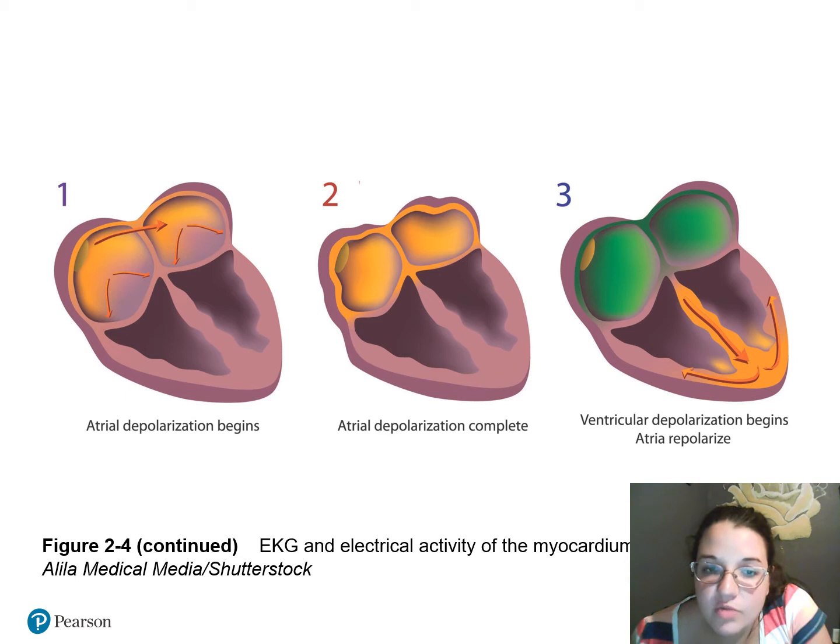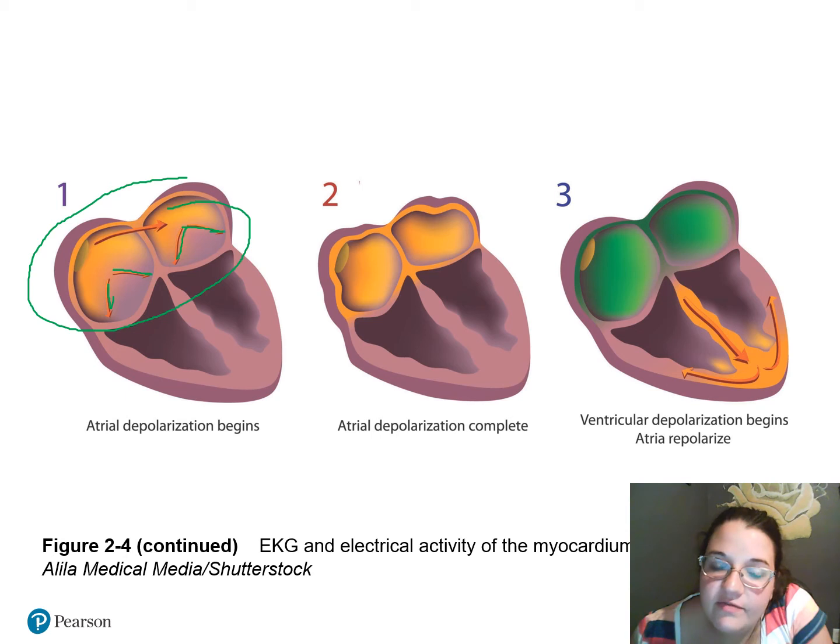So in image 1, you'll see here we are contracting and it is spreading out, but it's not completely filled. So this is your cardiac cells sending their impulse. We're ricocheting, we're giving our charge to the next, to the next, to the next, to eventually charge the entire atrium, which is depolarization and causing it to contract.